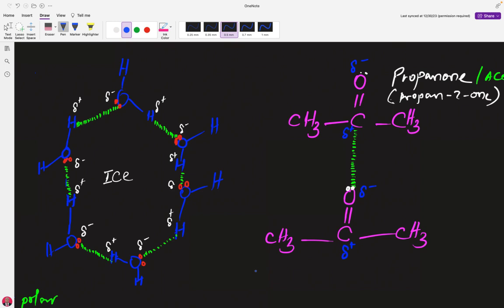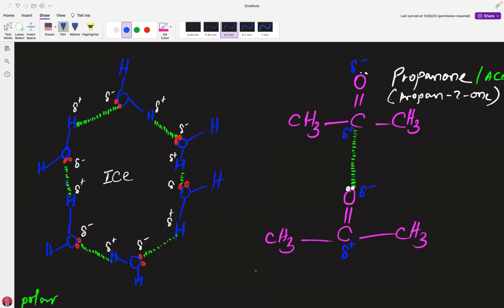Then again, for a compound to be non-polar, the central atom has no lone pair of electrons, and all atoms around the central atom are the same. I gave an example of methane, which is CH4.